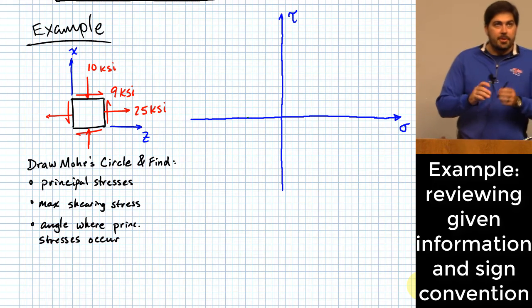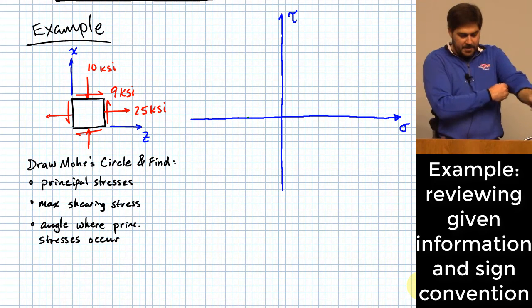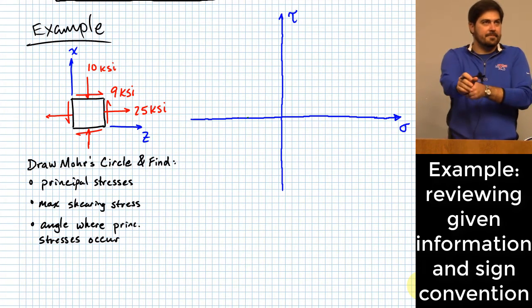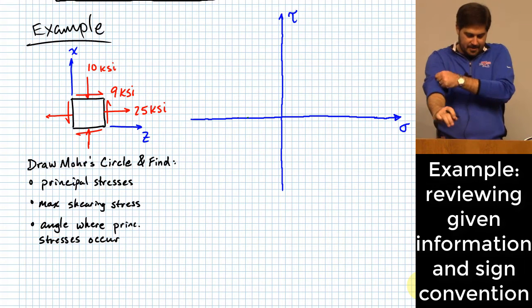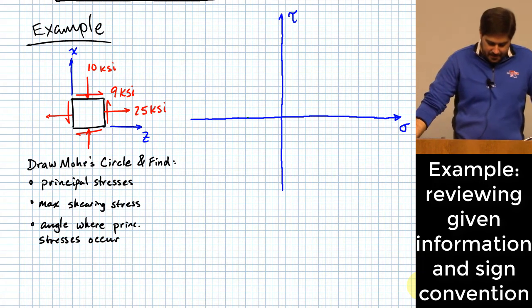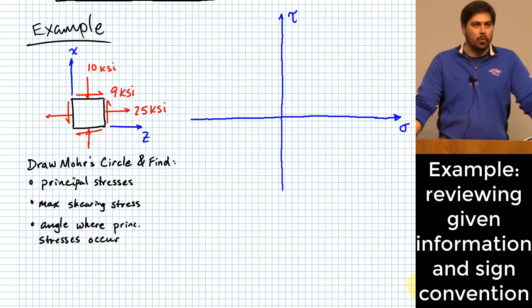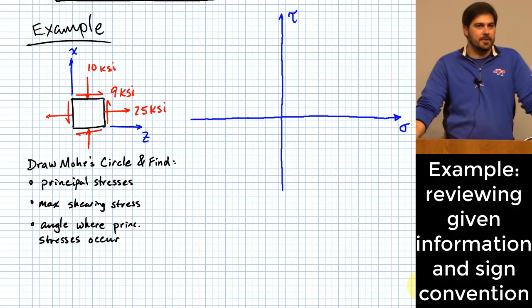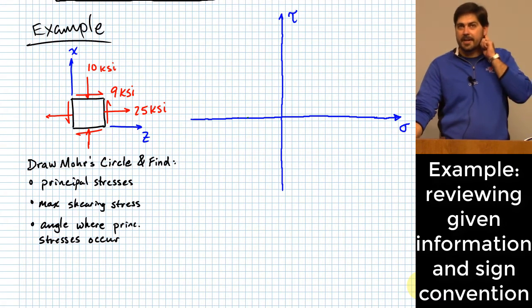So we have an element of material that is experiencing plane stress, okay? And I have it set up in ZX coordinates. All right? Does that matter? Okay, it kind of matters.